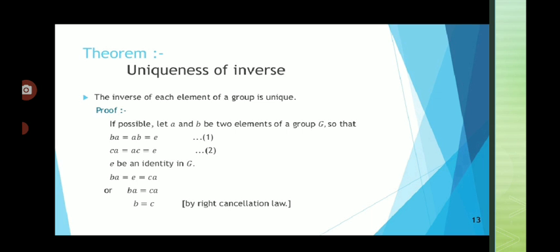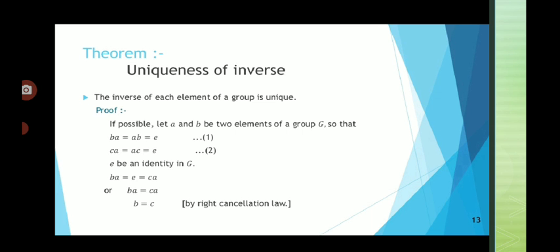This is the statement: in a group G, the inverse element is unique. We prove here that for every element in G, its inverse element is unique. The proof is as usual, the same as in the previous theorem.